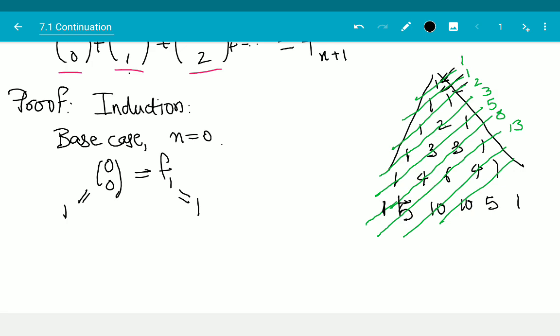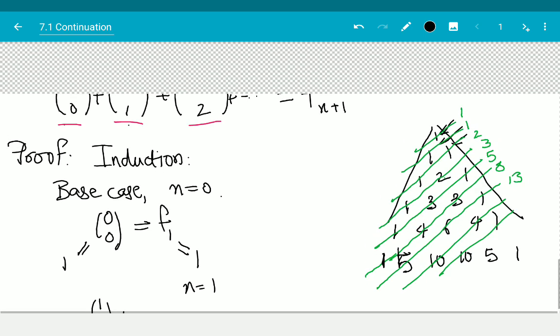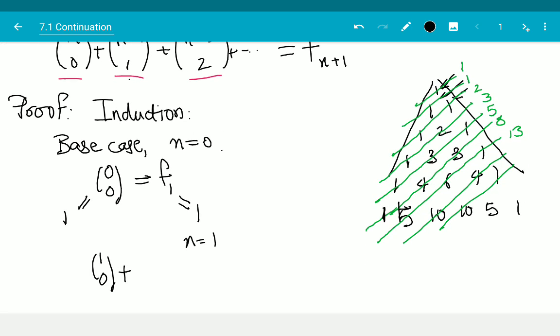Let's check for n is equal to 1 just for fun. 1 choose 0 plus, did I make a mistake? For n is equal to 1, it would become 1 choose 0 plus 0 choose 1, which is 0.